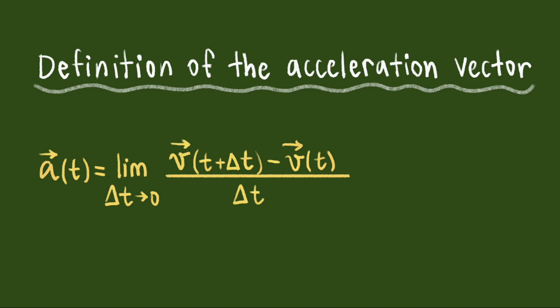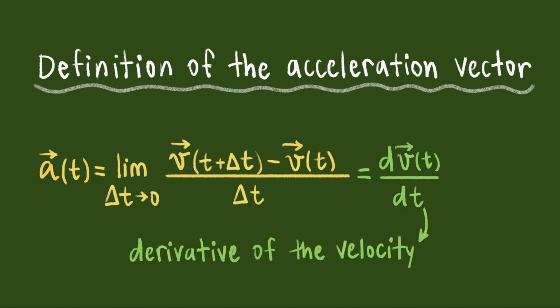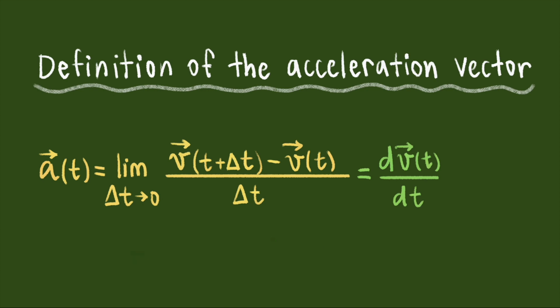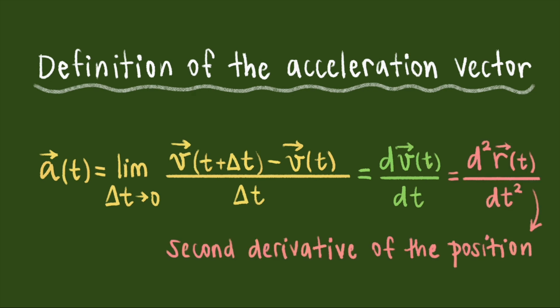Just as the velocity vector is given by the time derivative of the position vector, the acceleration vector is given by the derivative of the velocity vector with respect to time. And since the velocity vector is the derivative of the position vector with respect to time, the acceleration vector can be expressed as the second-order derivative of the position vector with respect to time.